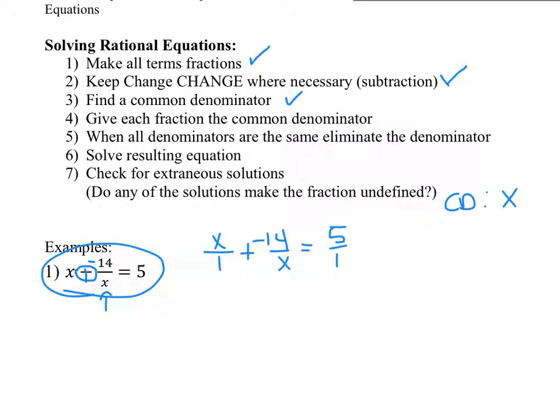So then what I like to do is make every fraction have that common denominator. Right now, this is the only one that has the common denominator. These two don't. So I have to multiply, always multiply something by the top and the bottom. Basically, you're unreducing it.